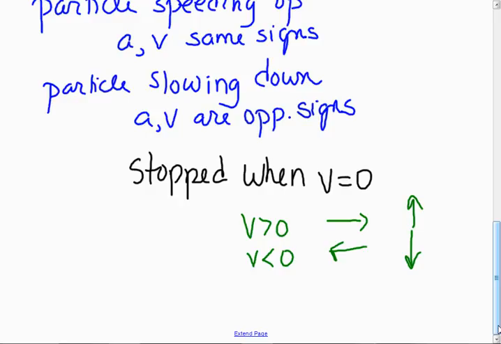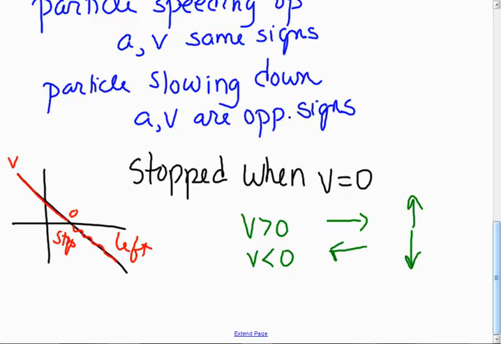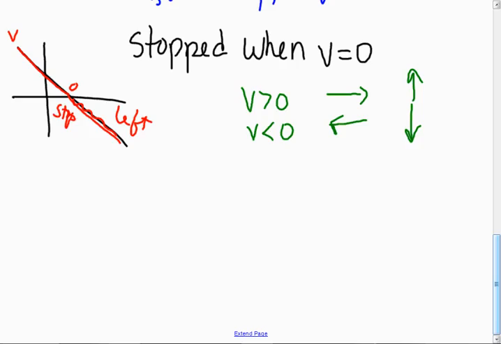So if you looked at a velocity graph, so if you had a velocity like this, this is v, this means you're going to the right, there's 0, you stop, and this means you're going to the left. The velocity is negative. I could do it parametrically. You can if you do it only in a one-dimensional picture.